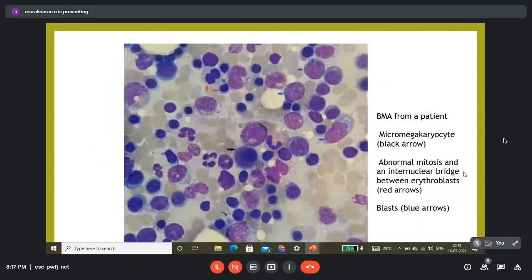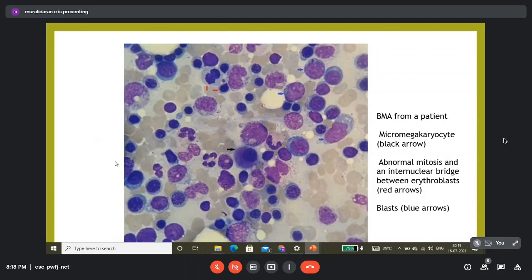So this is the bone marrow picture of the same patient. Here we can see that these blue arrows are the blasts, and there is some amount of erythroid hyperplasia in the background. We can see a micromegakaryocyte with an eccentrically placed nucleus, and there are a few binucleated erythroblasts also seen.